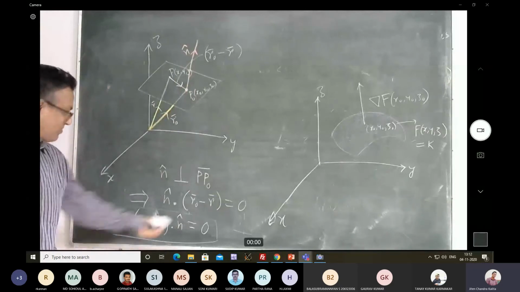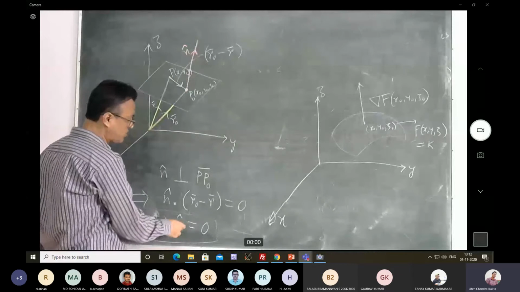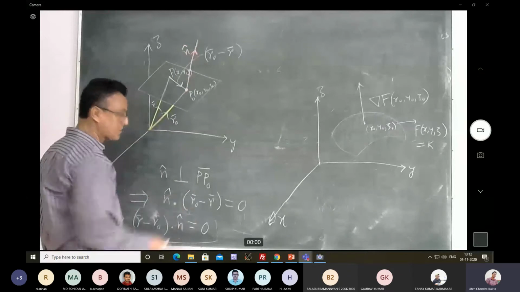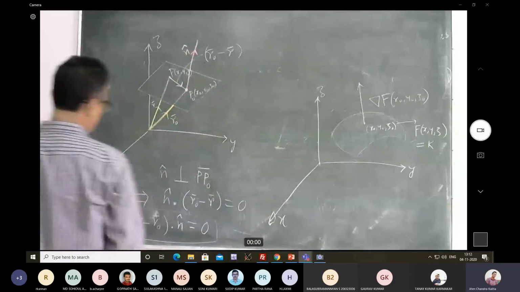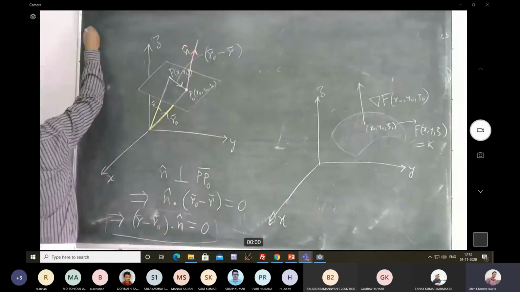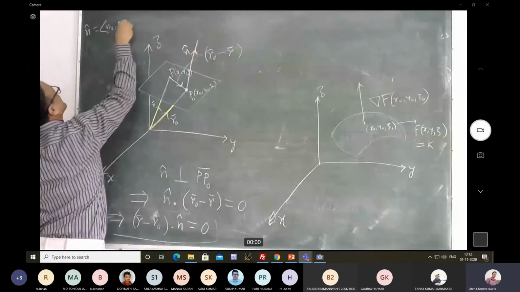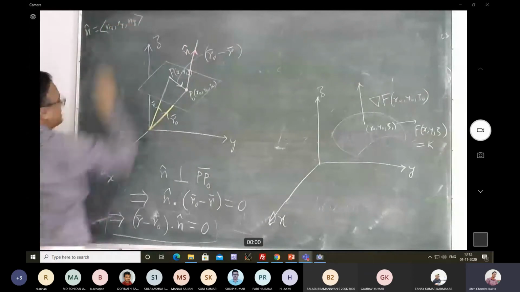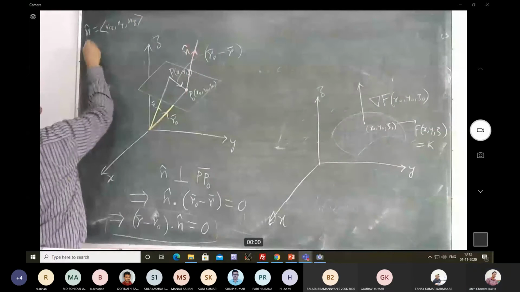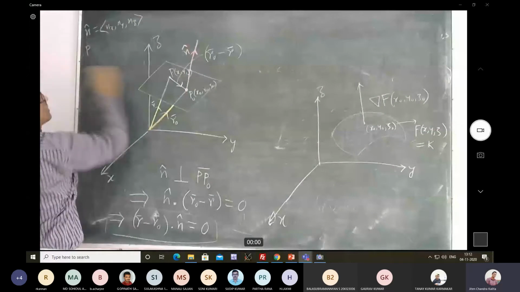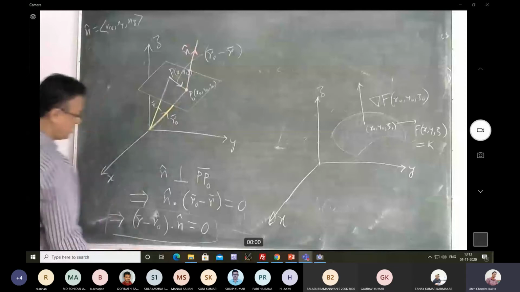That's it. If you know the components of this vector n, you'll be able to find the equation of the tangent plane. Say in case your n was simply nx, ny, nz, and I have already written P is xyz, P naught is x naught, y naught, z naught.